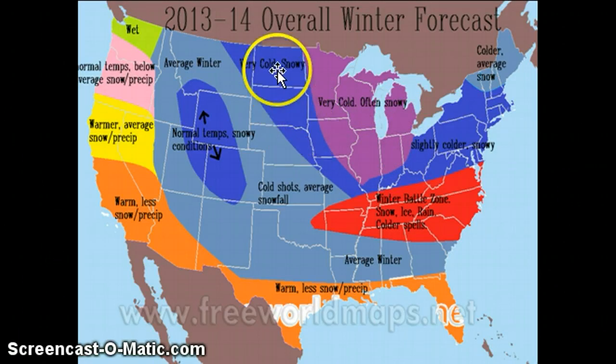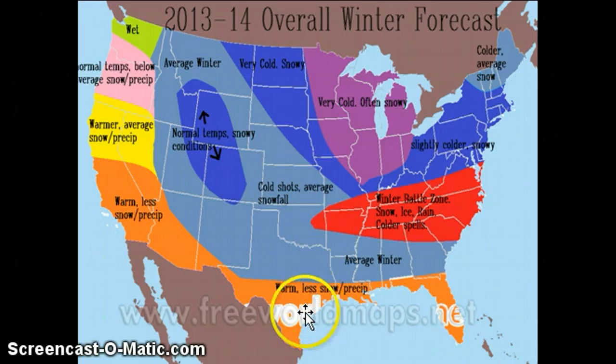In the upper Midwest, in the blue region, it's going to be very cold with snowy conditions. Denver, Colorado, and Idaho, and Nevada are going to see normal temperatures with snowy conditions, though. And the areas in the gray would experience their average winter with cold shots around Kansas and places like that.